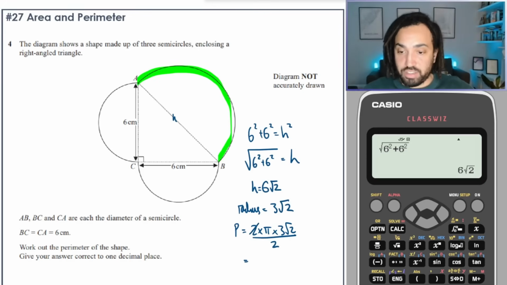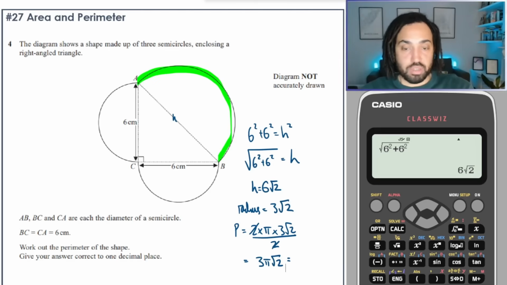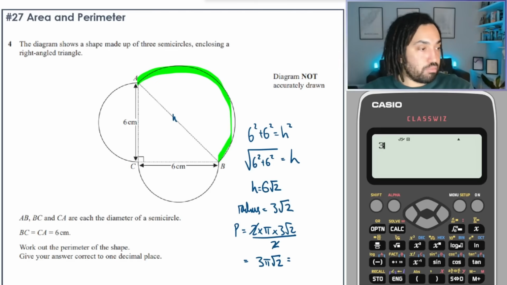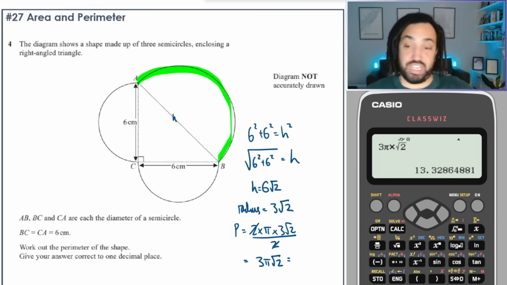In fact those will cancel, so this is just the same as 3 pi root 2, which we can find a value for. But to be honest, I'm just going to probably leave it in the exact form. But there you go, it's about 13.3.